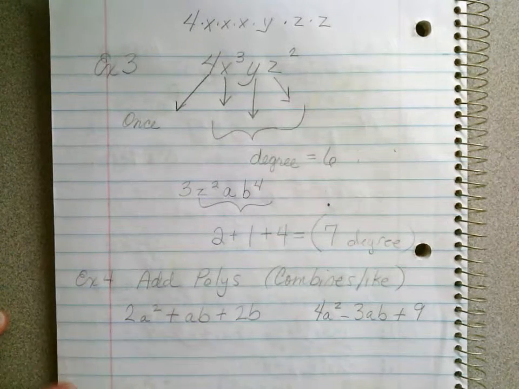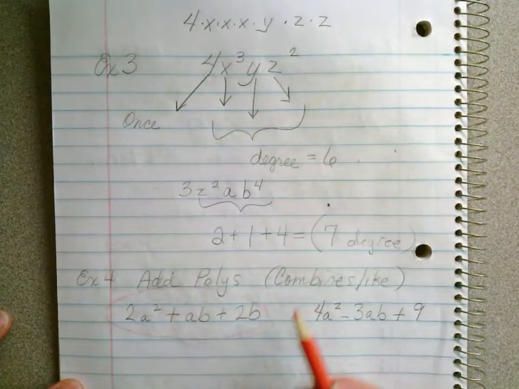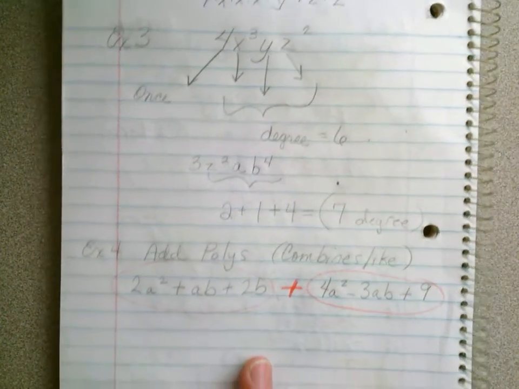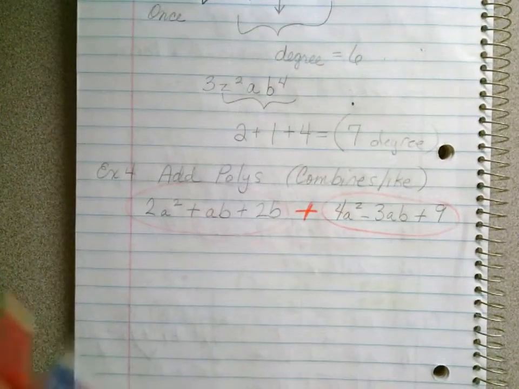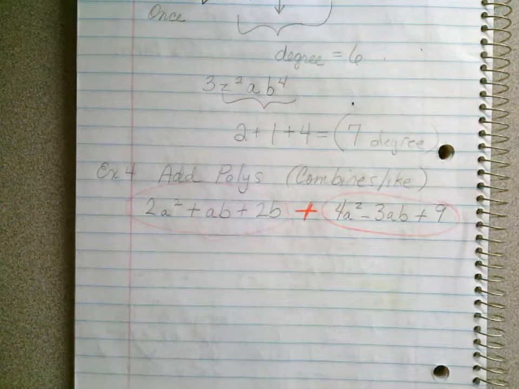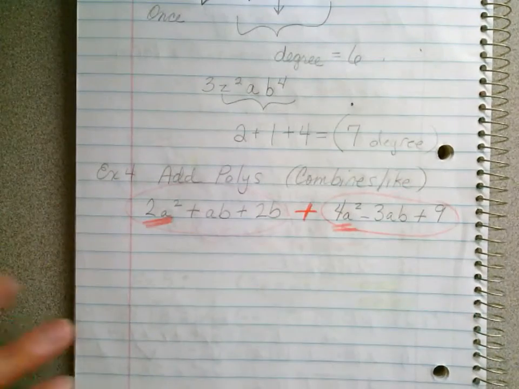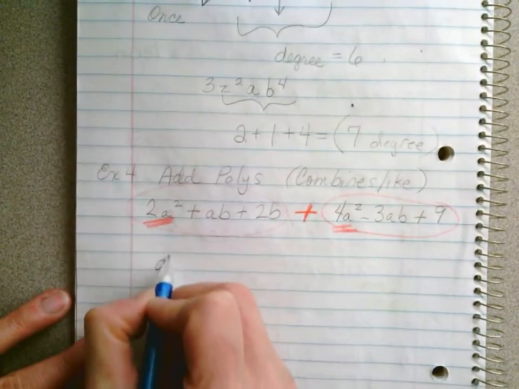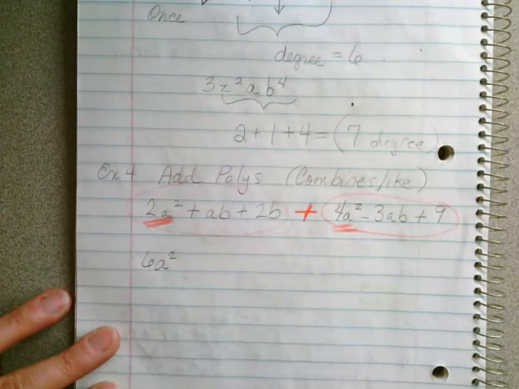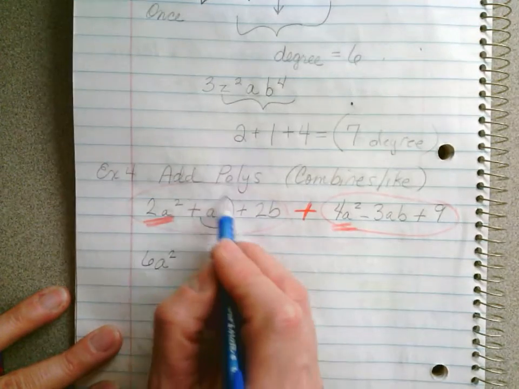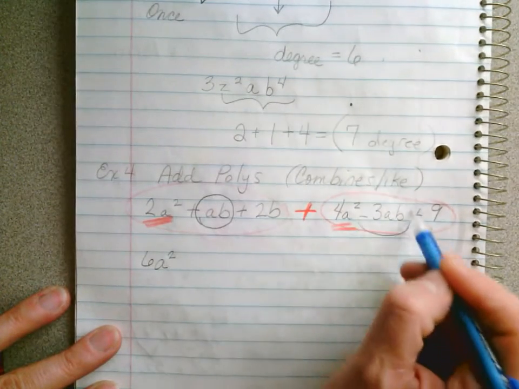So what you are doing is you are combining these two polynomials. Within that big long string of monomials, we have a squareds. 4 of them and 2 of them. So altogether, how many a squareds are there, folks? I see some ABs. I see a positive 1 and a negative 3.